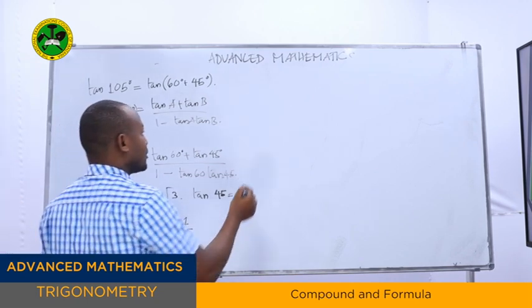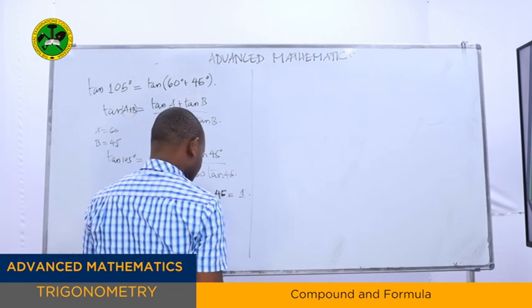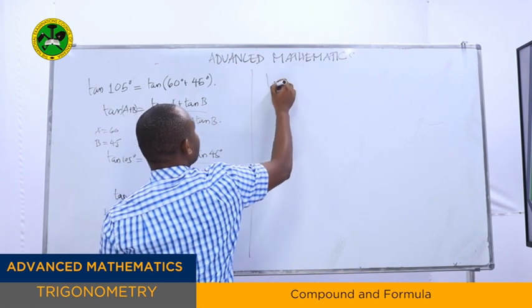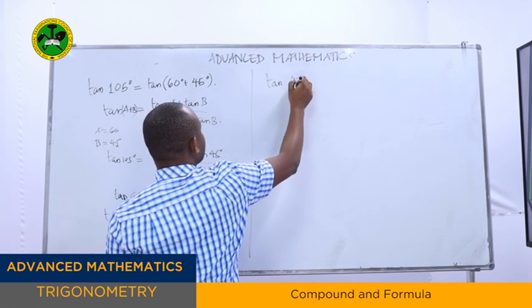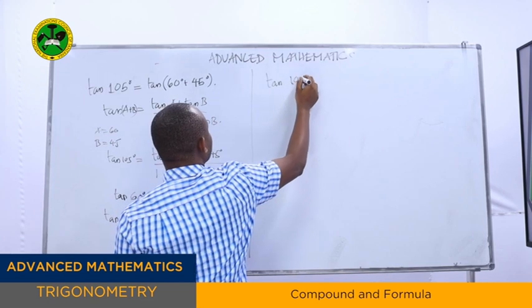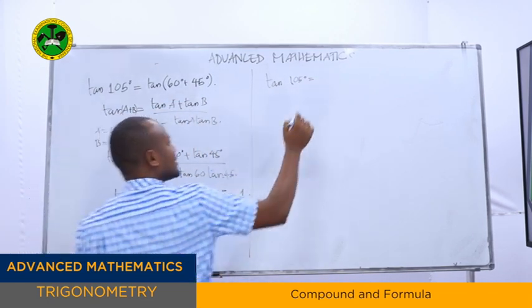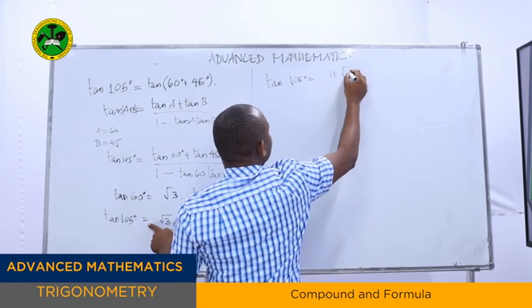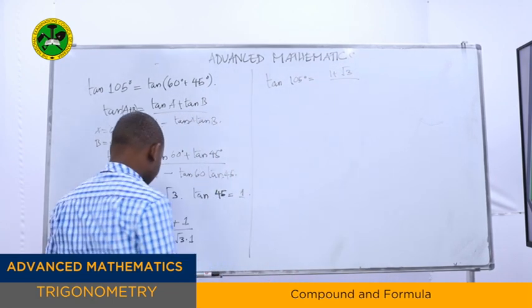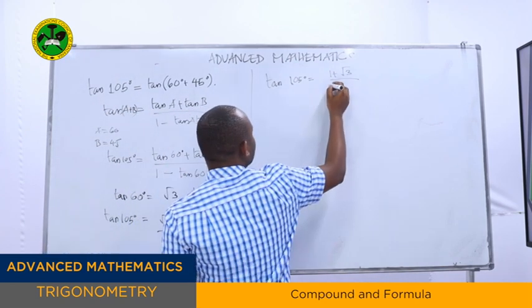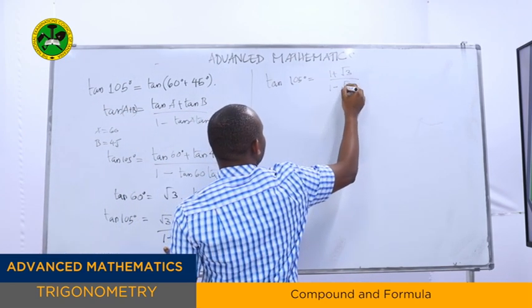If we simplify that much more, we are left with tan 105 equals 1 plus under root 3 over 1 minus under root 3.